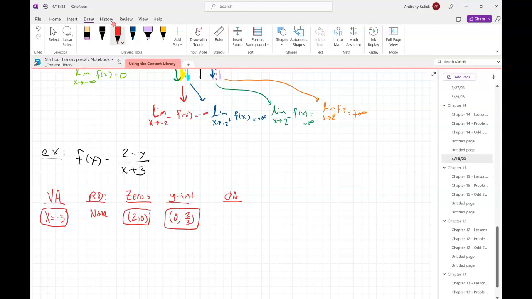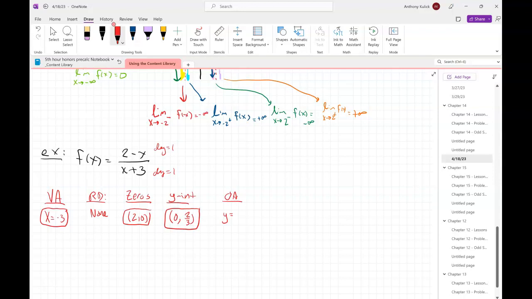And then our other asymptotes. What's the degree for the numerator? And for the denominator? So it's, nope, still horizontal. Leading coefficient over leading coefficient.